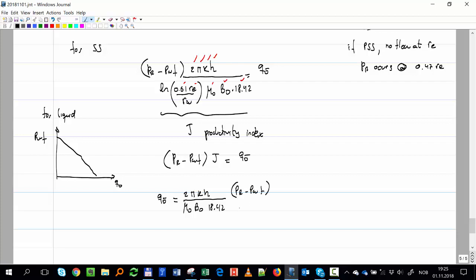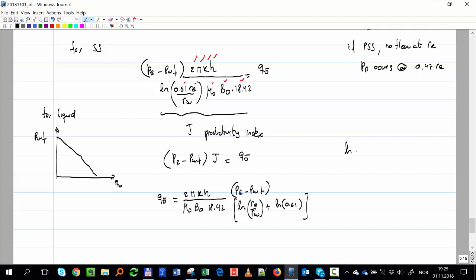I'm going to say ln of RE over RW, and plus ln of 0.61, right? Is that correct or not? Yeah, I just separated this 0.61.